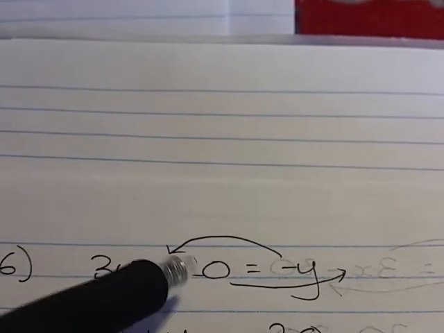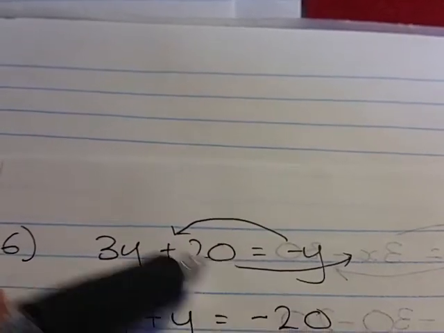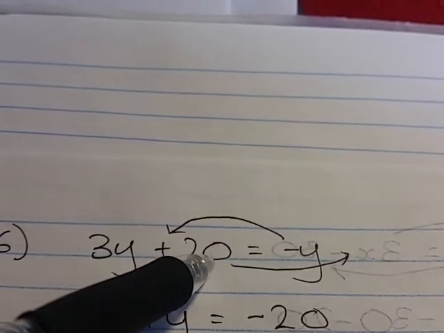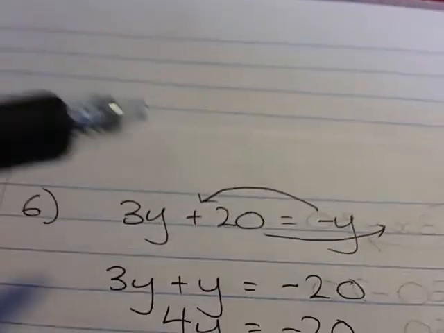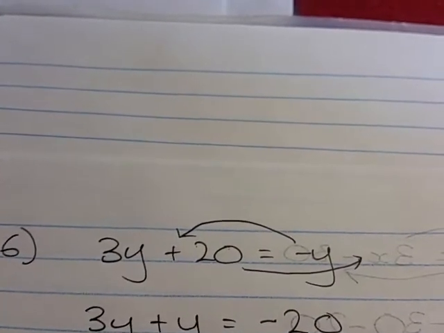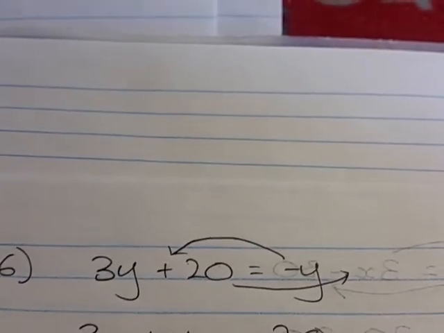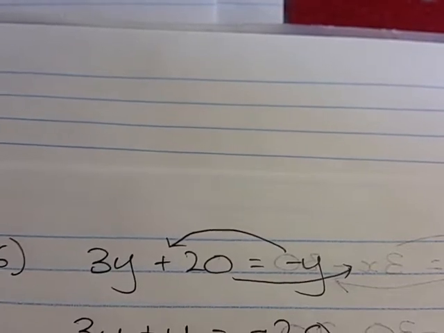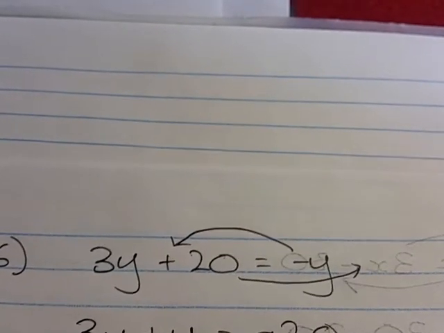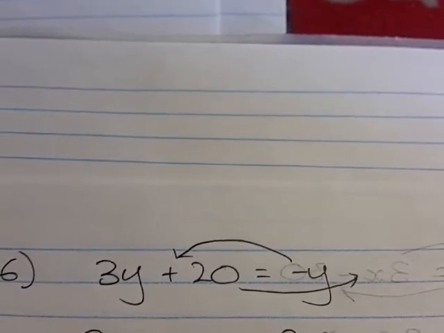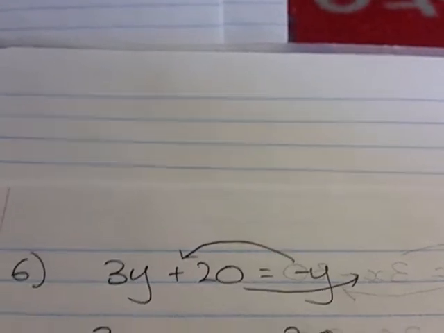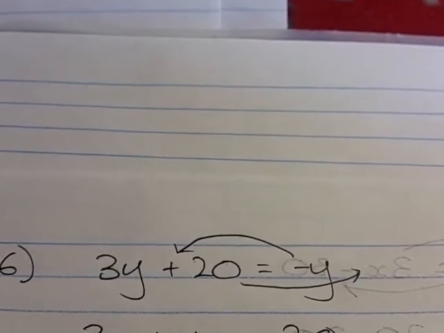It doesn't matter whether there's another number on the right hand side. Get that out. You don't want the variables and the numbers to be on the same side for now. So get that negative y over to the right and kick that 20 over to the other side.